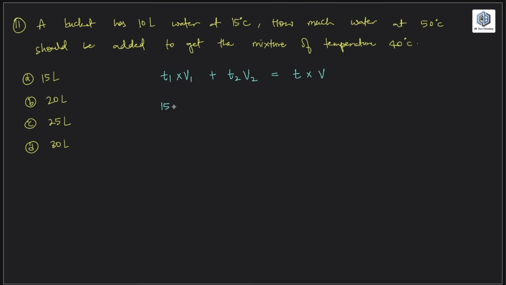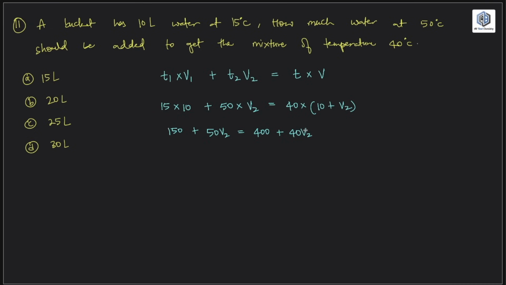So temperature is 15, volume is 10, plus the second one, temperature is 50, volume you don't know, then you have the temperature is 40, and the final volume also you don't know, right? Mixture volume you don't know, but it will be 10 plus V2. Now you have to calculate the value of V2. So this becomes 150 plus 50 V2 is equal to, if you multiply and open the bracket, 400 plus 40 V2.